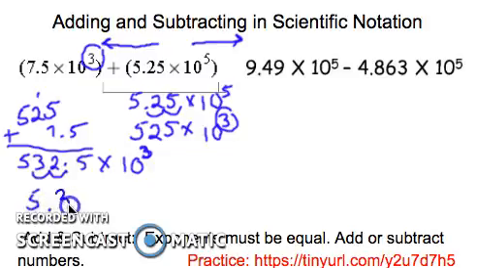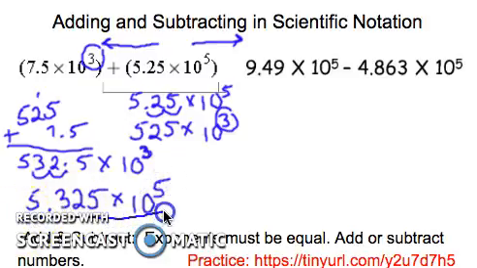We'll bring down the 3, 2, and the 5, just coming straight from here, times 10. Now remember, we started at 3, but we moved the decimal point 2 places to the left, so that makes this exponent bigger. So 3 plus the 2 places we moved it is going to be 10 to the 5th. So that happens to be the answer for that.